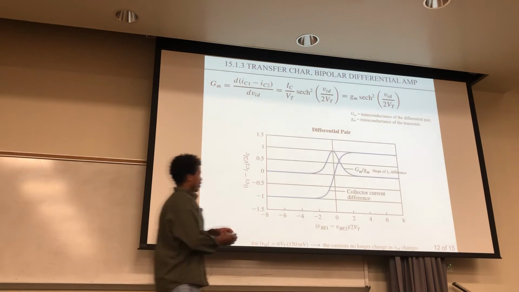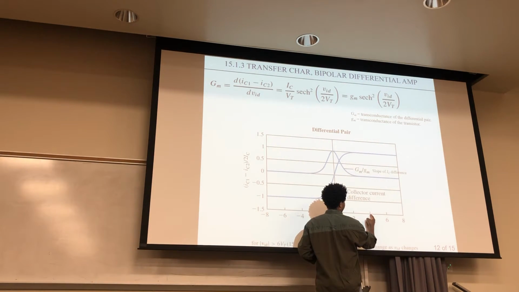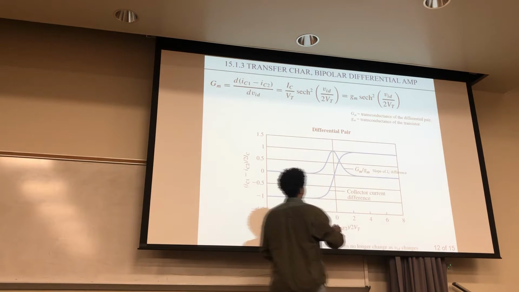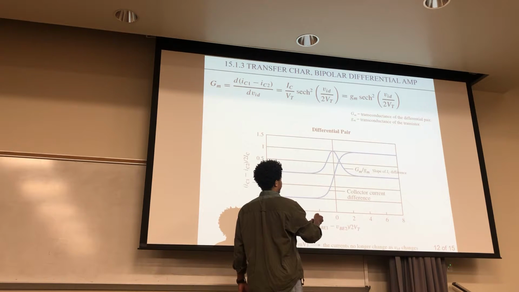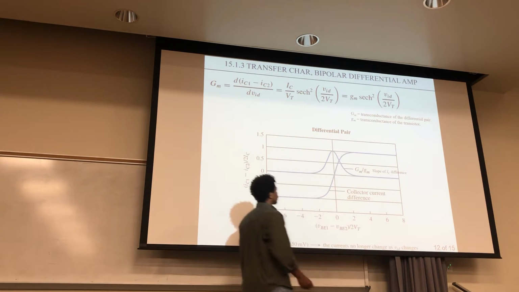And you can see that right here. If you're out here, and your VID changes from here to here, you see that the difference in those currents doesn't change at all. They stay the same. So here's the interesting thing that happens between these two values.